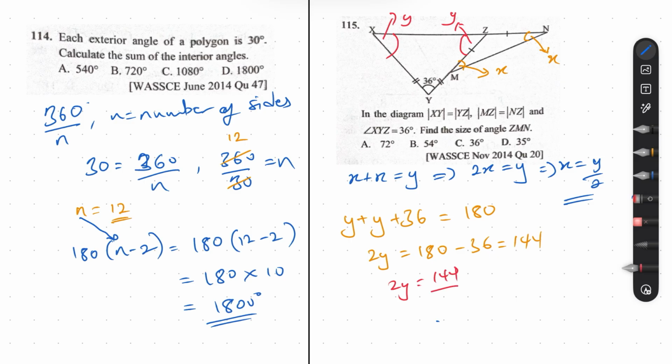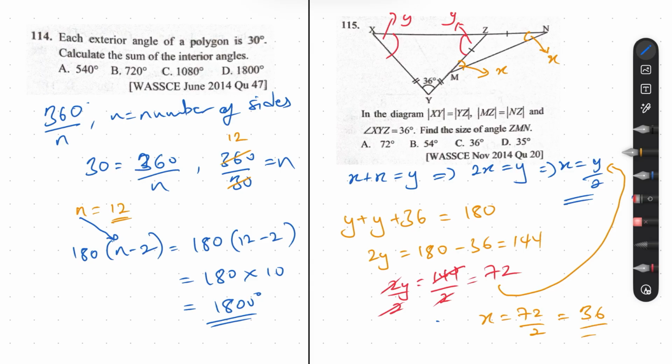Let's divide by 2. 2 cancels out, and then we'll have 72. So now we have our y to be 72. Then we can substitute y right here to find our x. So x will be equal to 72 over 2, which gives us 36. So answer is C.